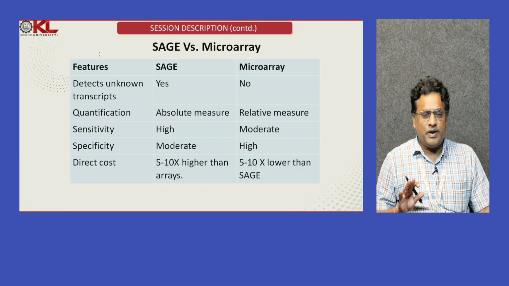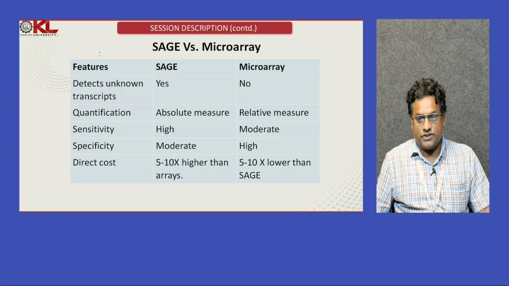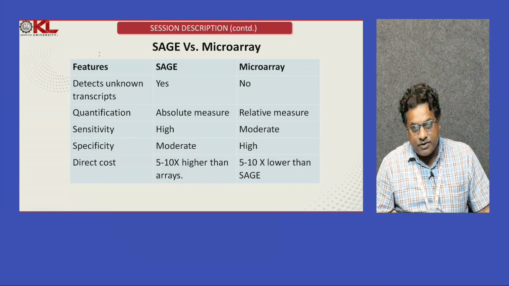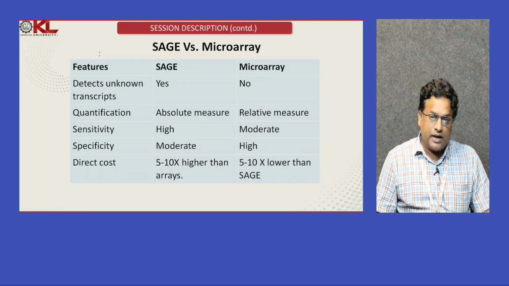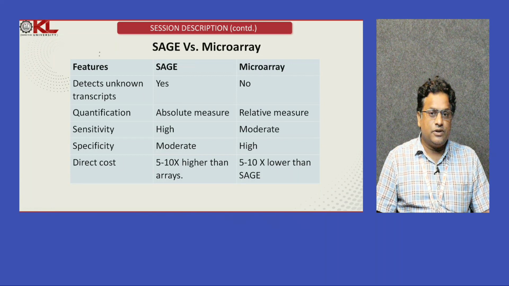As I was saying about SAGE analysis, the difference between SAGE and microarray is that SAGE detects unknown transcripts. For microarray, of course, you don't know, because it depends on hybridization, so you don't know whether it can detect unknown transcripts or not. Quantification is absolute in SAGE, and in microarrays it is relative.